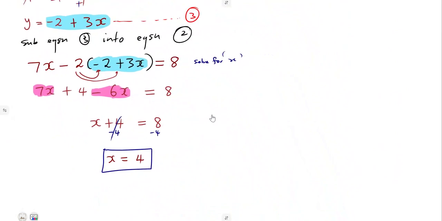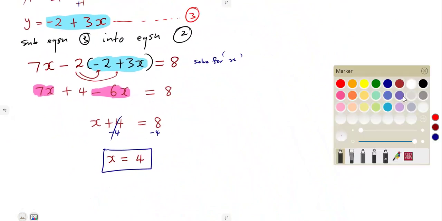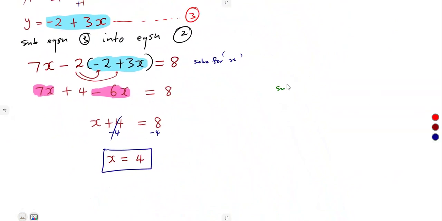I'm going to use equation 3. So that is it. Substitute x is equal to 4 in equation 3, where y is equal to minus 2 plus 3x. Sorry for that.